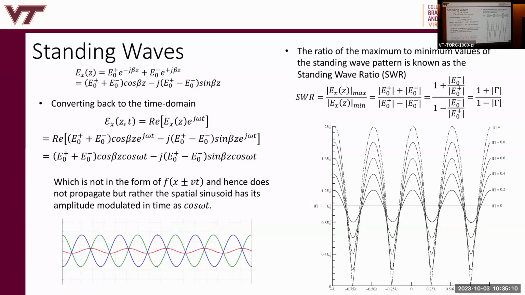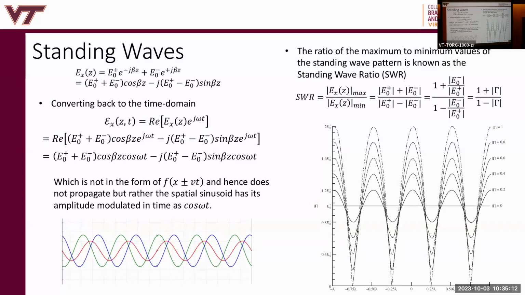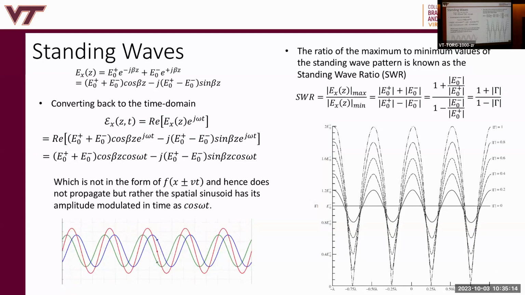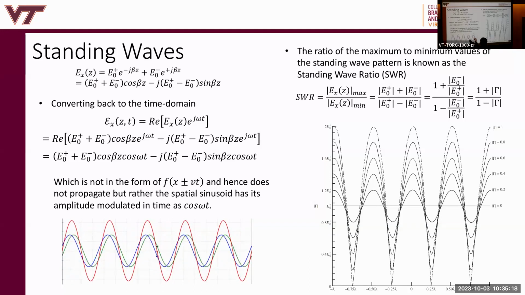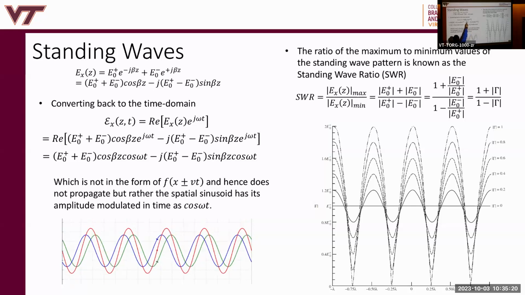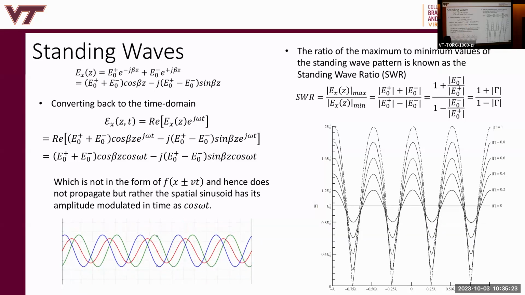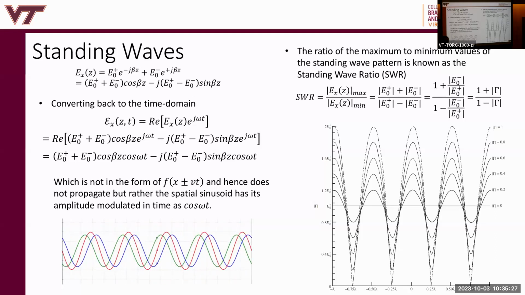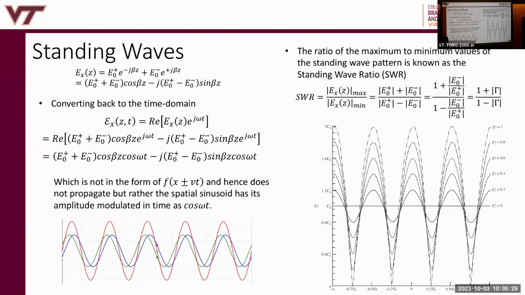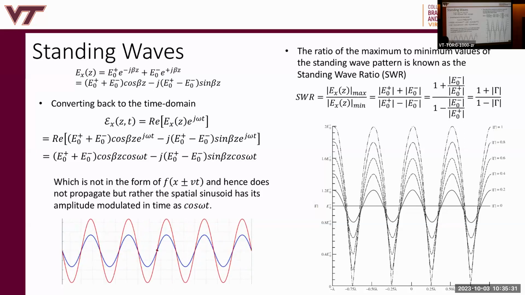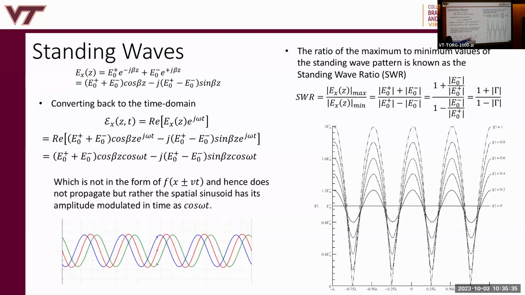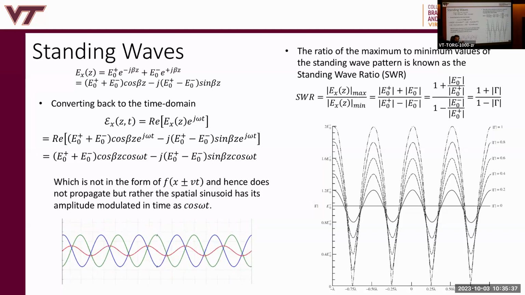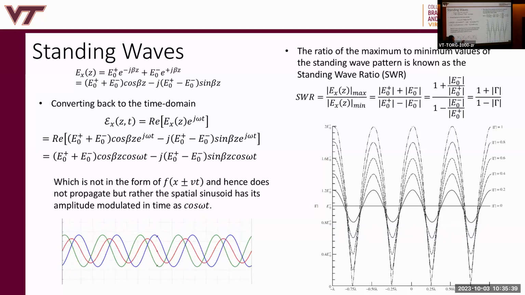For a traveling wave, we didn't add them together explicitly, right? Because here we've already said that we've superimposed the two traveling waves and we're analyzing this red component, the summation of the two, instead of looking at the blue one or the green one independently, right? Before we just looked at the green wave. It's a traveling wave. It was e to the minus j beta x by itself. We didn't add the e to the plus j beta x term.